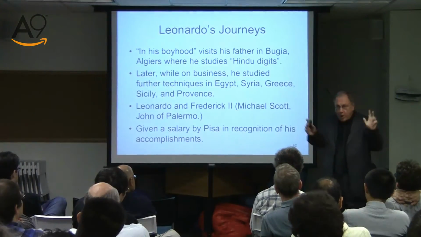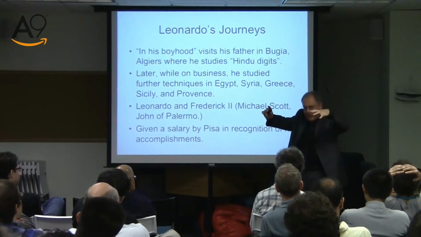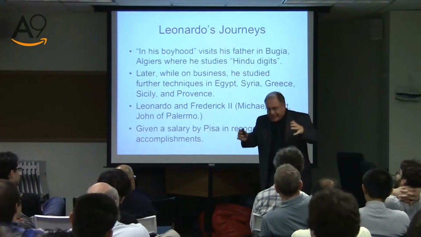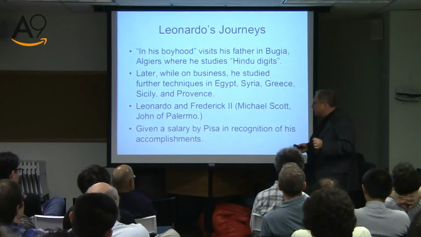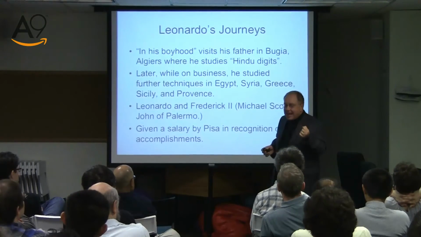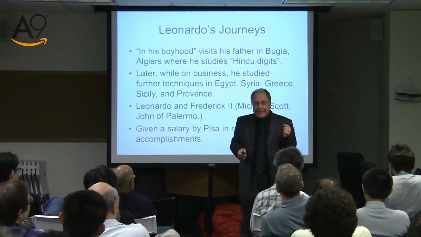So he became quite famous in Europe, so famous that the greatest political leader of Europe at that time, the emperor of the Holy Roman Empire, you know about the Holy Roman Empire, the greatest political concoction of the Middle Ages, and the head of it was Friedrich II. He was known as Stupor Mundi, the wonder of the world.